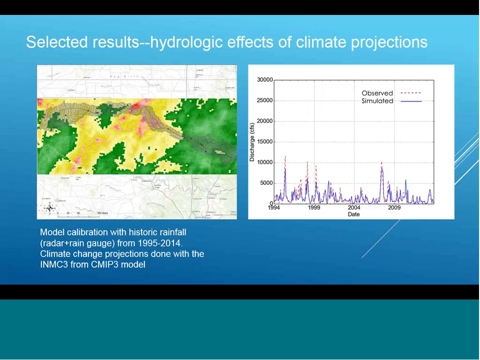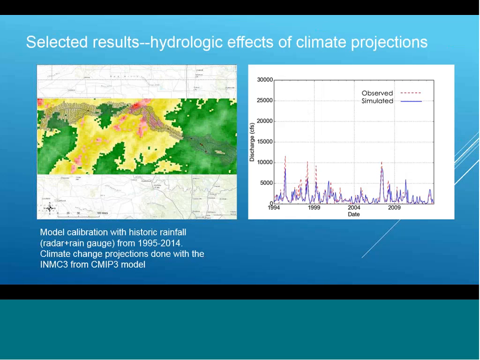Right. So we calibrated the VFlow model using historic rainfall, which consists of radar and rain gauge information. You can see the distribution of rainfall on the left with the red blotches being the highest rainfall, and this is a total over a certain period of time. But what is important there is the variability of rainfall over the basin.